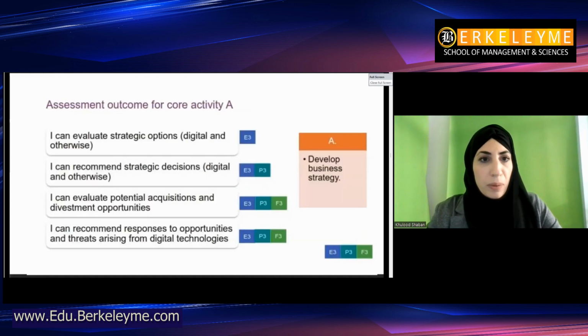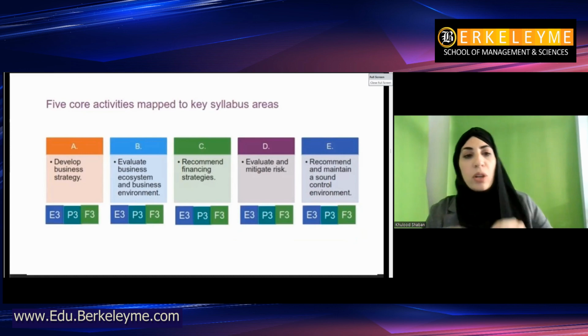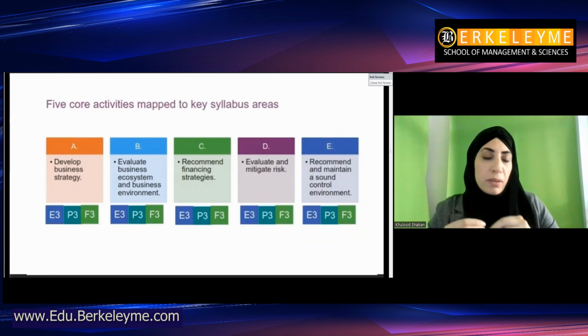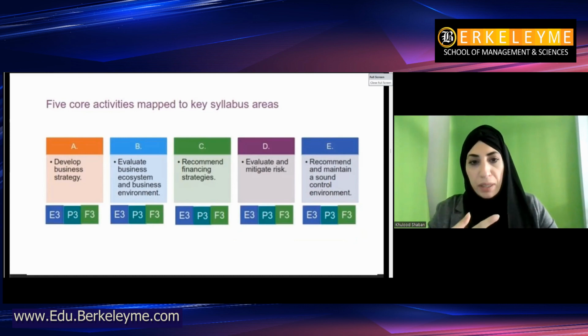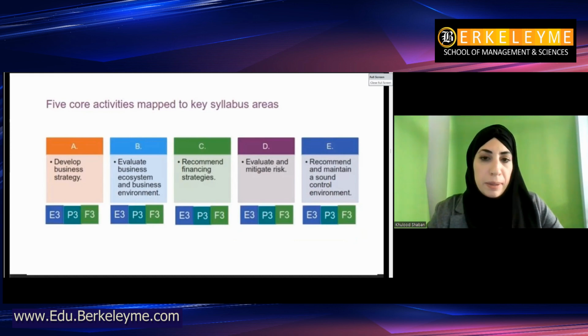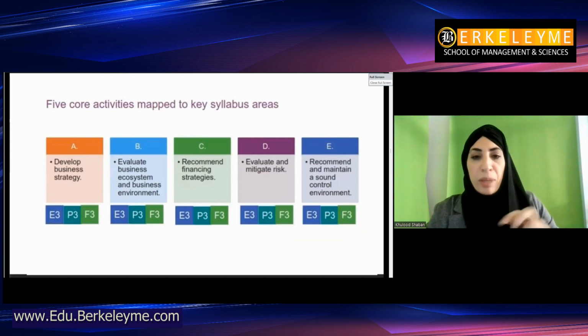So now each activity will constitute part of each of E3, P3, F3, these 3 papers which you already passed and you didn't give exams in.